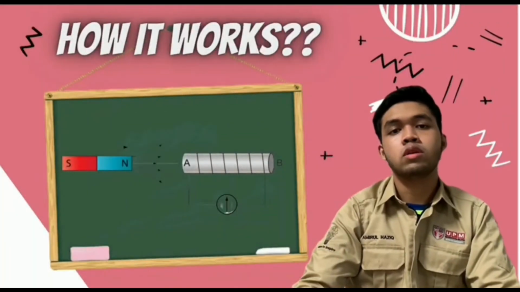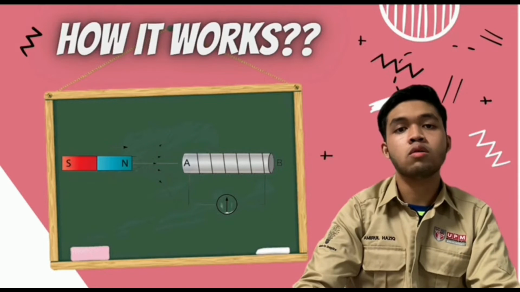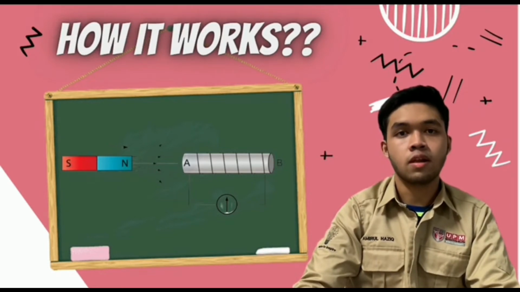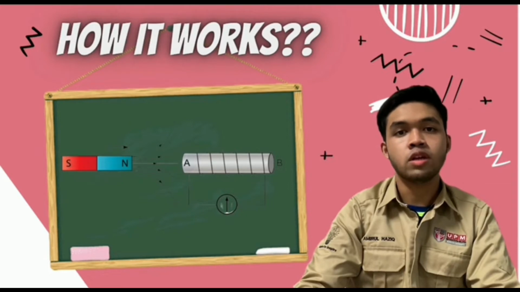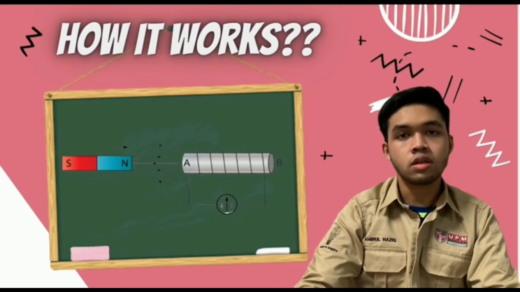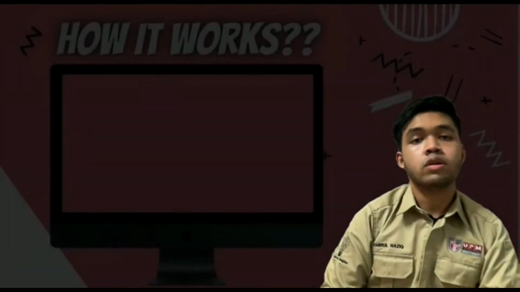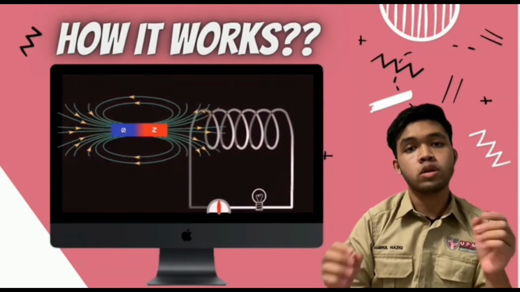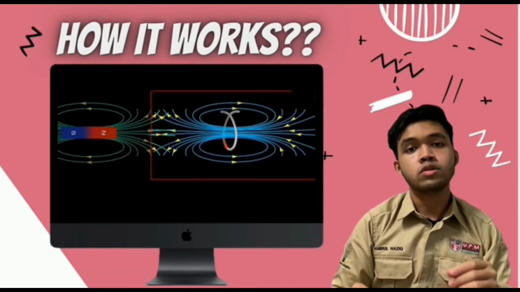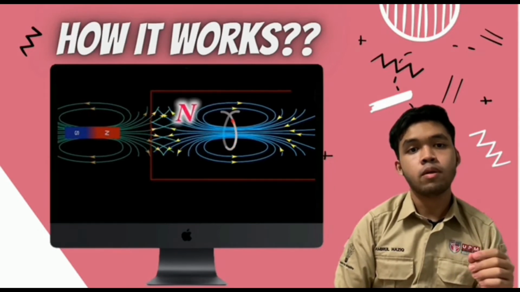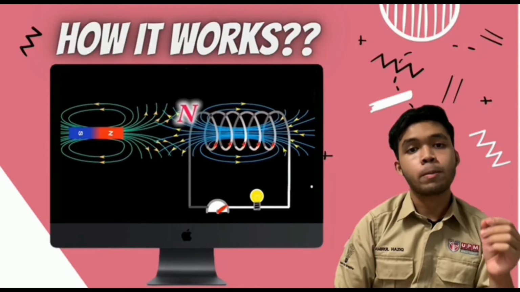Next, what we need to know about Lenz's law is how it works. The process is actually pretty simple. Bear in mind, Lenz's law states that the induced current always flows in the direction that opposes the change in magnetic flux. So the basic thing we need to understand is that when the magnet moves toward the solenoid, the loop in the solenoid becomes a north pole to oppose the magnetic field from the approaching north pole of the magnet.